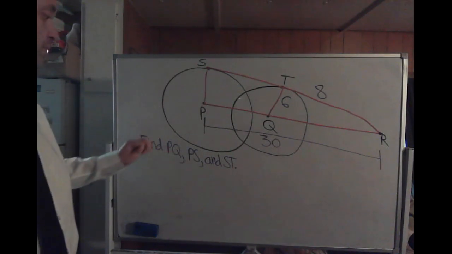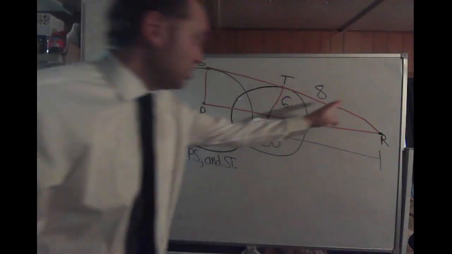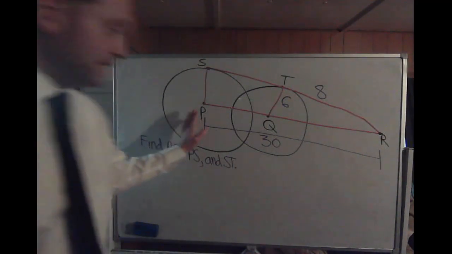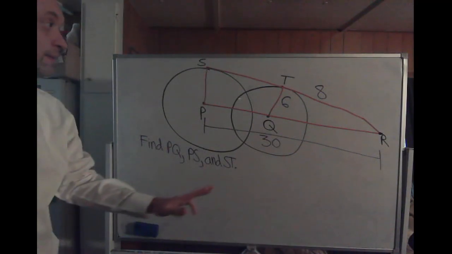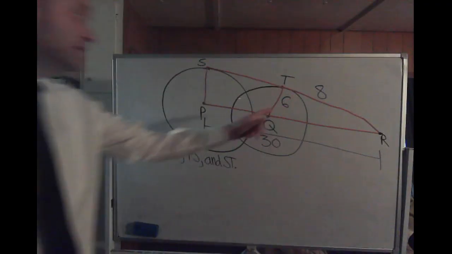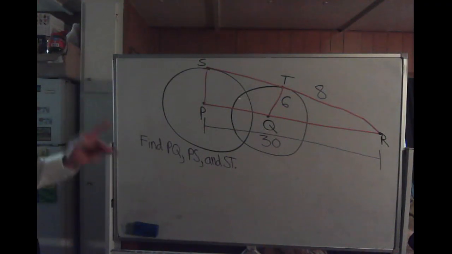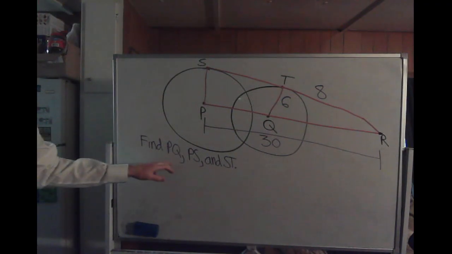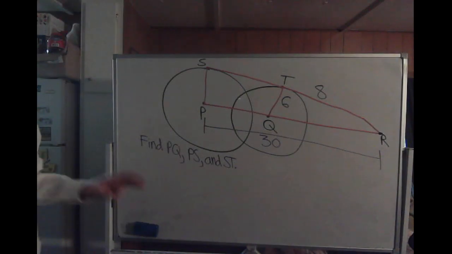We have the length of TR being 8, the whole length of PR being 30, and the length of QT being 6. We need to find the lengths of PQ, PS, and ST.